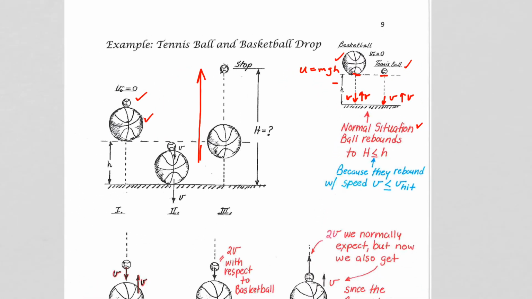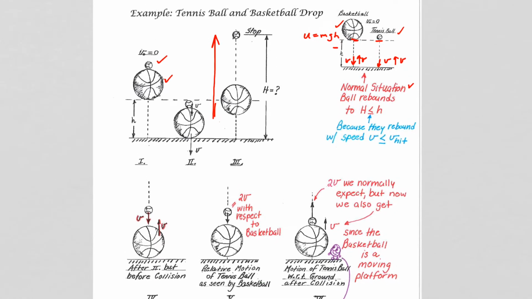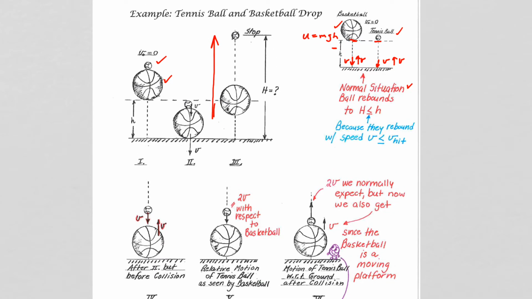Okay, so what is going on when we place the tennis ball on top of the basketball, drop them together, and they hit the ground?